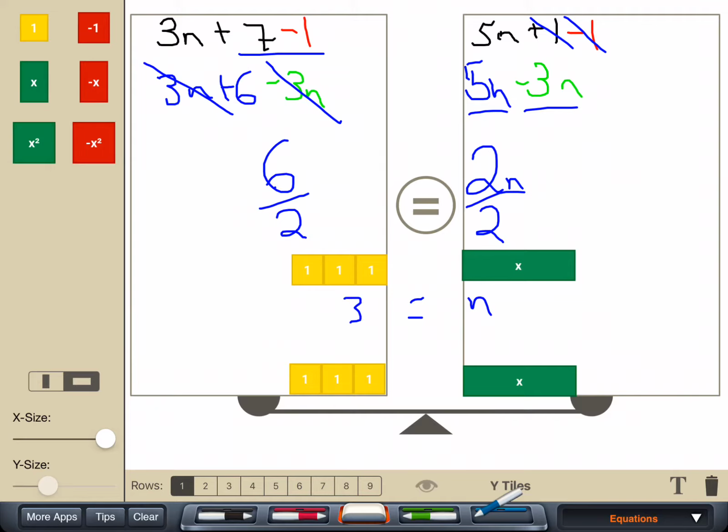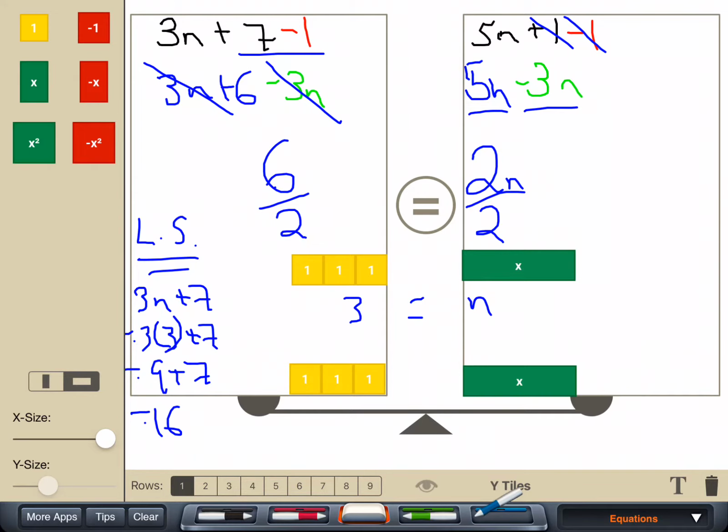Okay? But we always need to go back to our original equation and check it. So on the left side, we had 3n plus 7. Now let's put a 3 where the n is, and let's use order of operations to solve. 3 times 3 is 9, plus 7 equals 16.